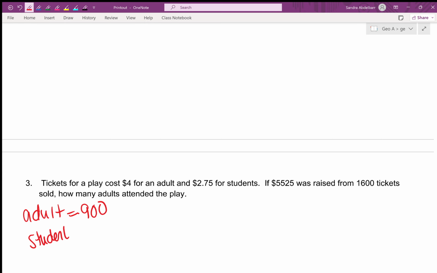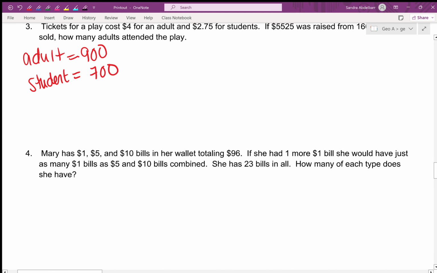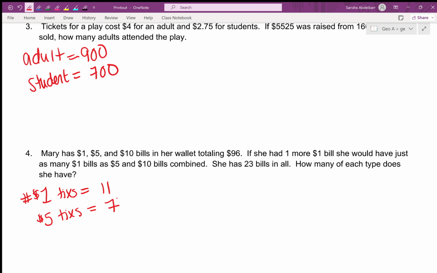Student will be 700. All right, number of $1 tickets is going to be 11. $5 tickets will be 7, and $10 tickets will be 5.